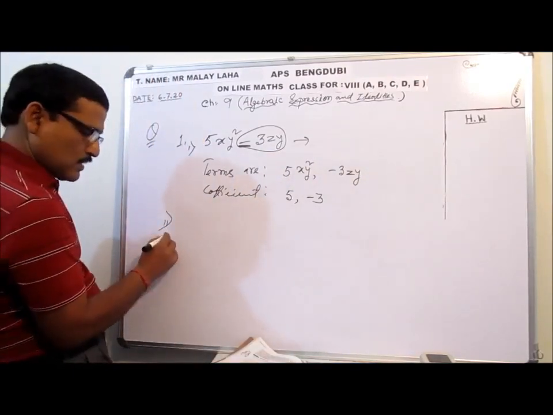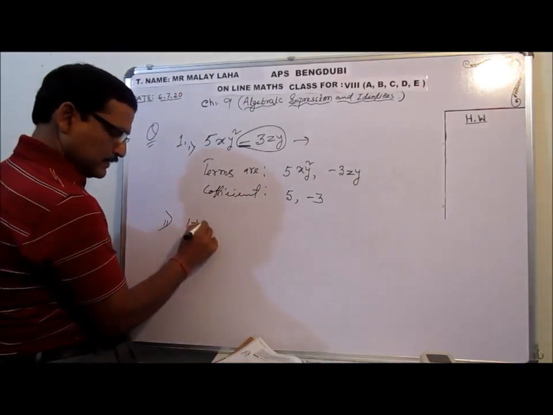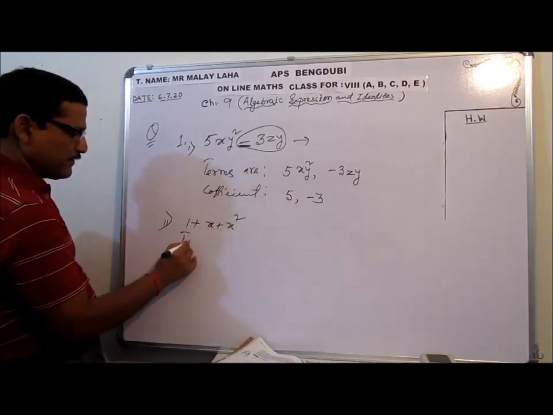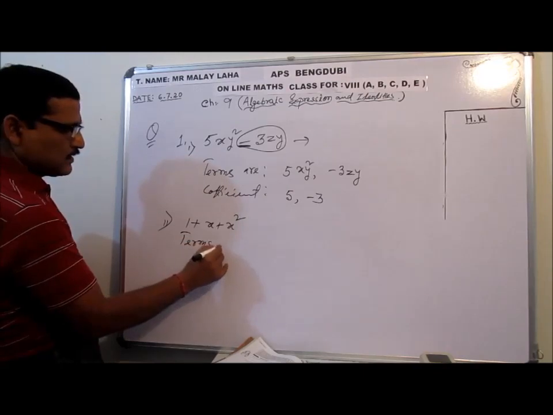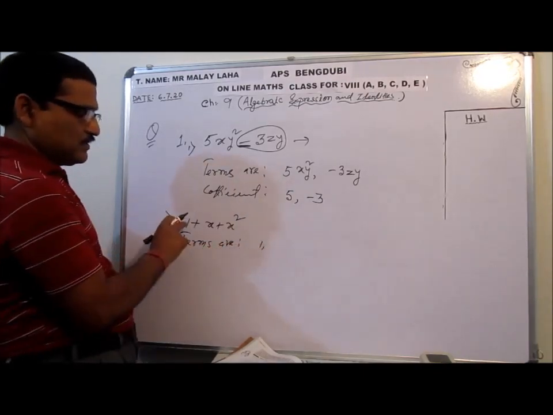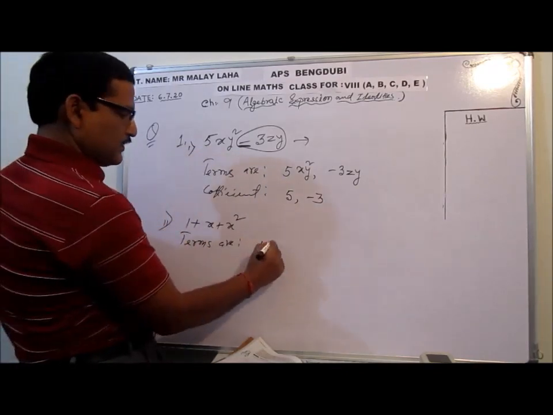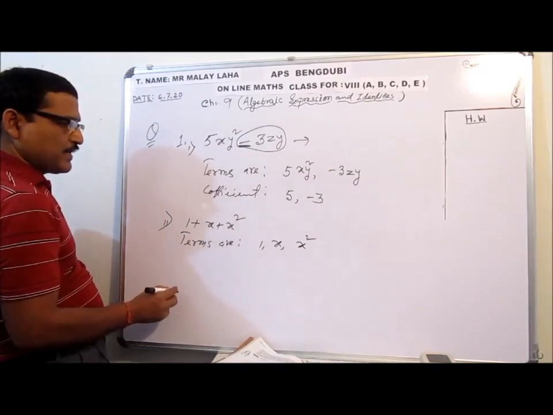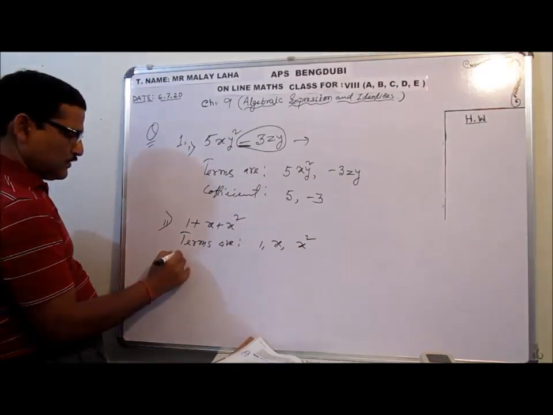Part 2. 1 plus x square. So what are the terms? Terms are 1, a constant, along with the terms x and x square. What is the numerical coefficient?